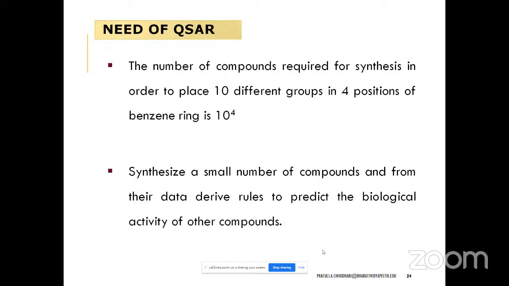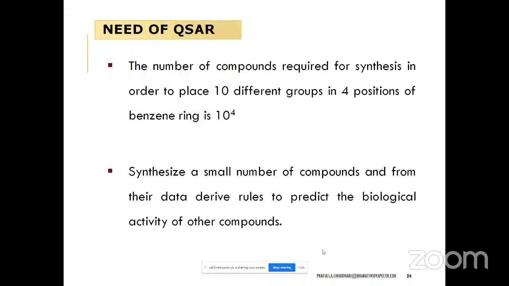Normally, why do we require a QSR, or when you see applicable domain and all those things, the need of QSR is defined by this simple statement: the number of molecules required to synthesize in order to place 10 different groups in 4 positions of benzene is equal to 10 raised to 4. So it is a simple mathematical calculation.